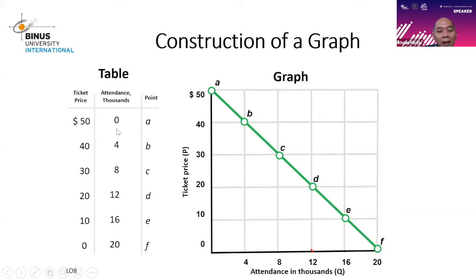So I don't know, this is a concert, something else, but basically, when you lower the ticket price, then the attendance is gonna be increased by 4 persons or 4 people attending this concert, yeah. Similarly, when you lower the price again from 40 to 30, you're gonna get 8 people actually attend this show or concert.